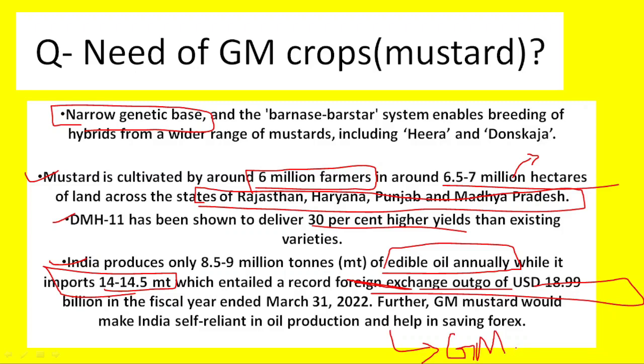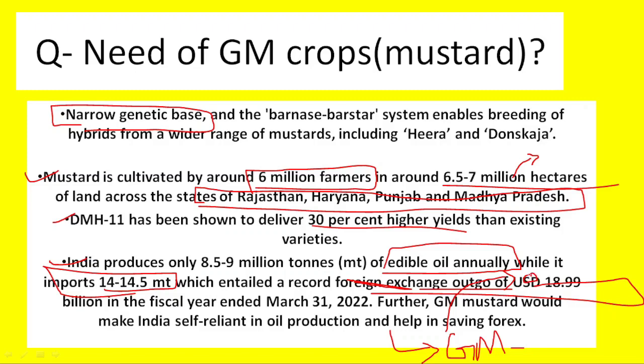Foreign nations like Indonesia and Malaysia are using GM crops for the production of edible oil, which they then sell to India. So if foreign nations are doing so, why can't we do so domestically by using GM crop mustard, GM mustard? We can do so, which increases the domestic yield.